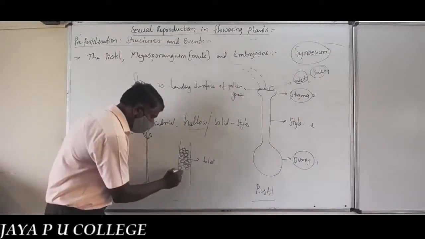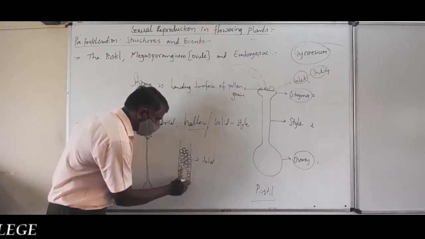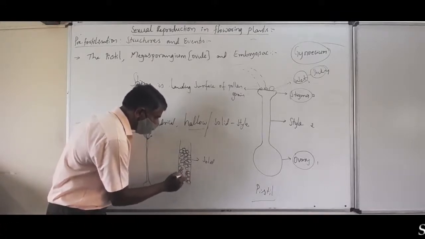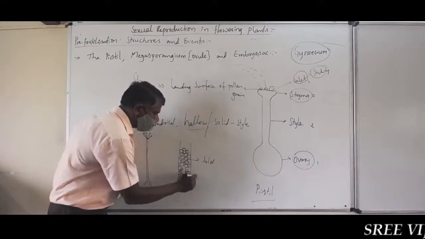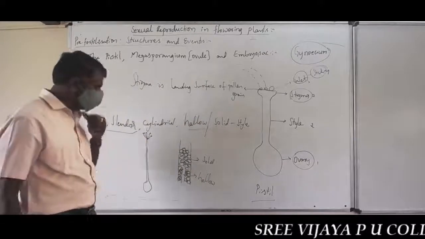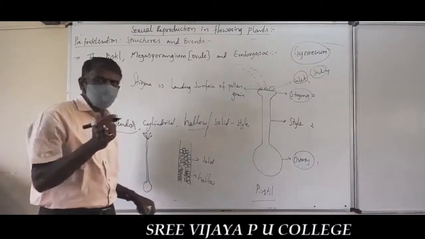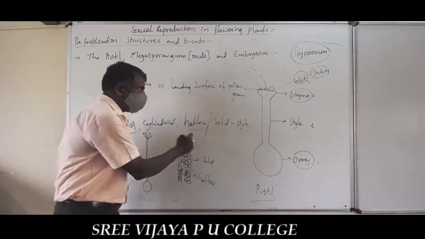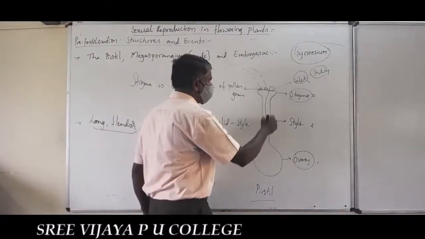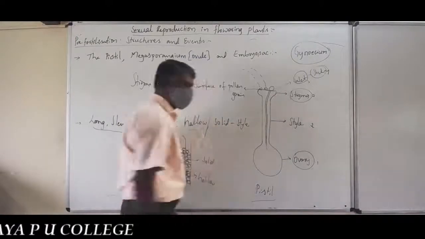If even with the presence of tissue there is a space, it is called hollow. This hollow space allows easy growth of the pollen tube towards the ovary at the time of pollen tube growth.